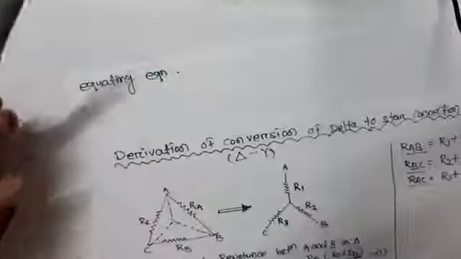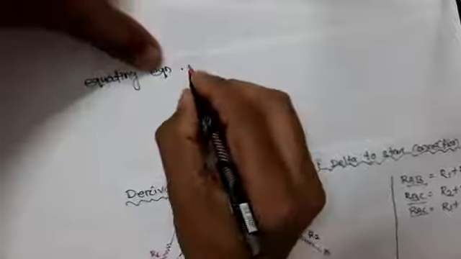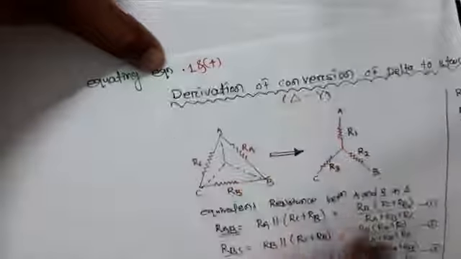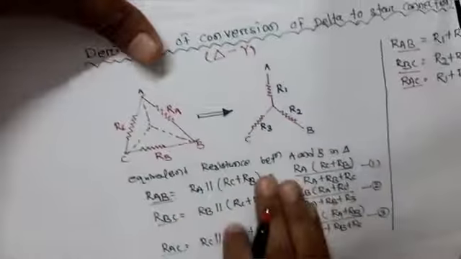We are going to equate those equations. First, equation 1 and 4. Then we get equation 1 is this much.